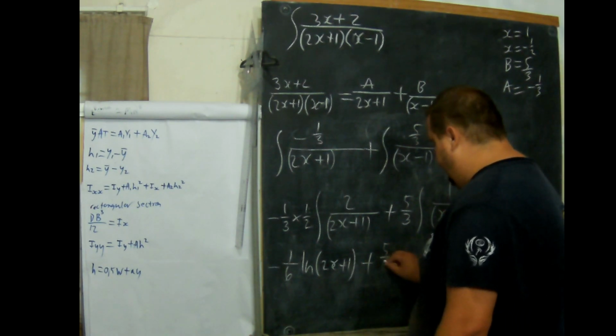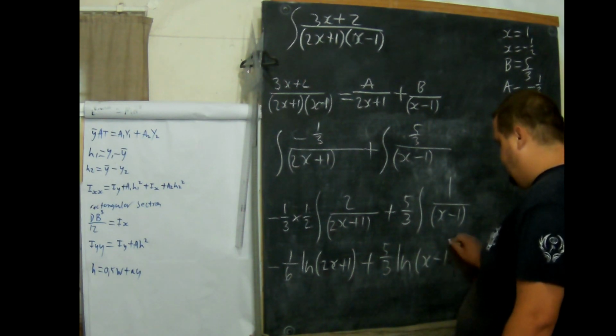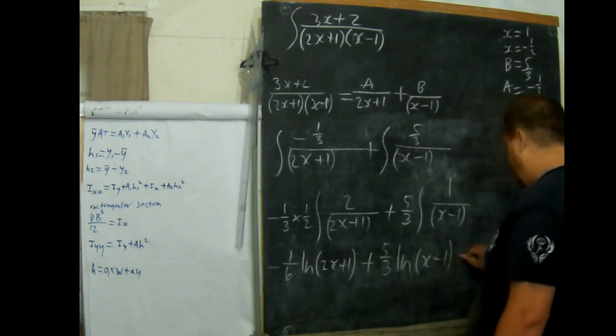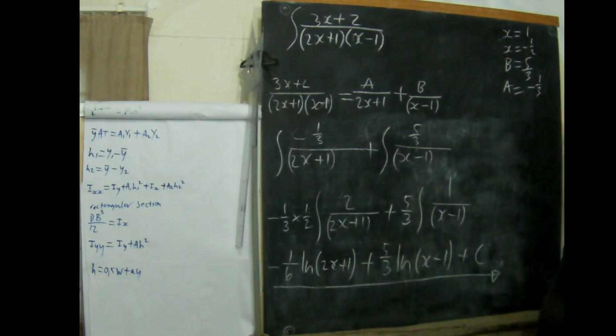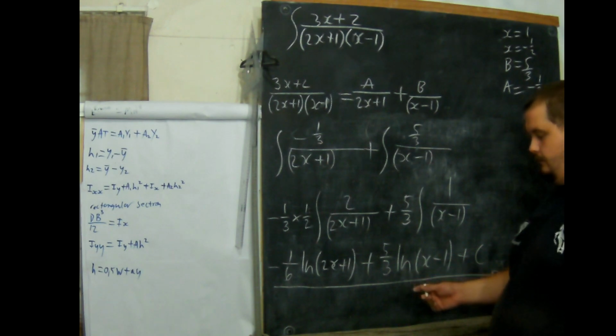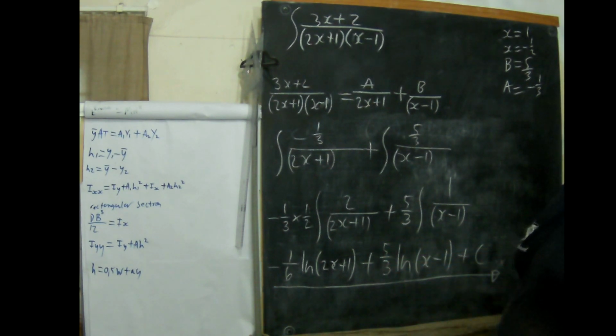So it's 5 over 3 ln x minus 1 plus c. And that is how we do these partial fractions.